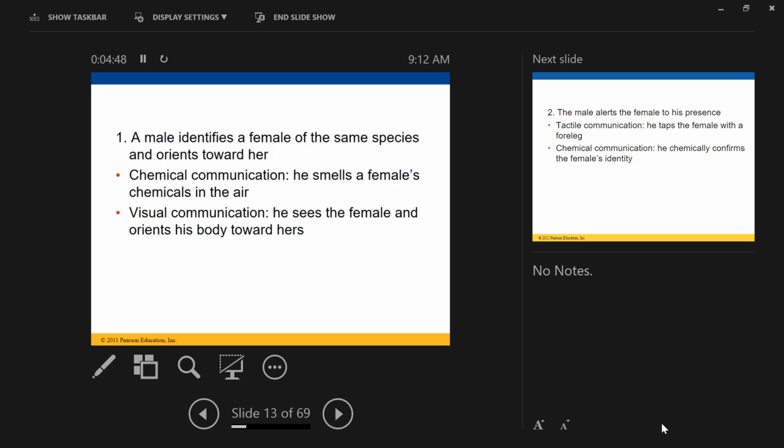Her behavior is her presence, and it elicits some response from the male. You're like, how is that communication? You have to keep in mind that communication means something very specific in biology. There's some signal, and then there's some response to that. And the female's presence is the signal.